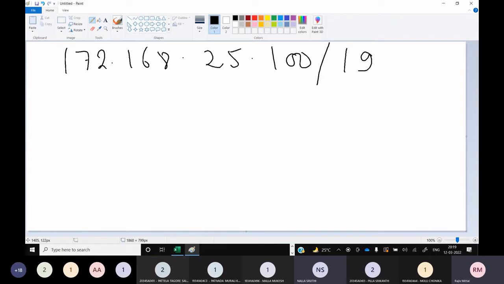What will the subnet mask be? 255.255.224.0.